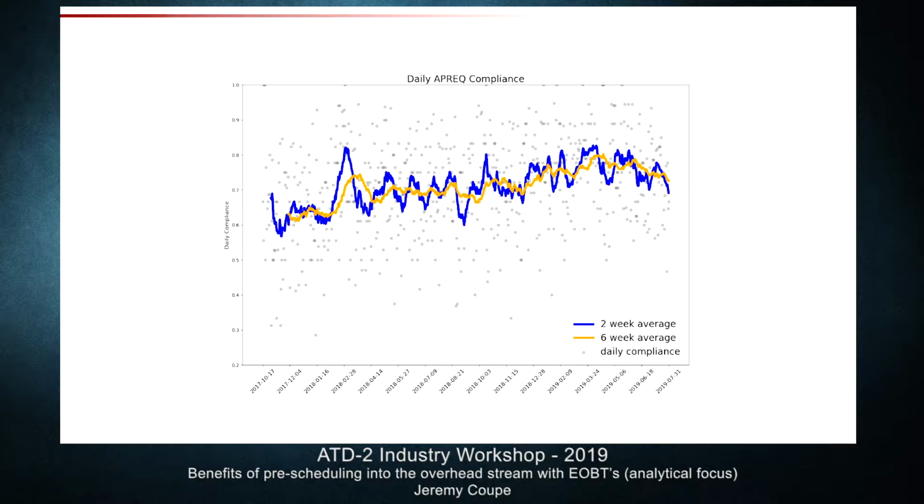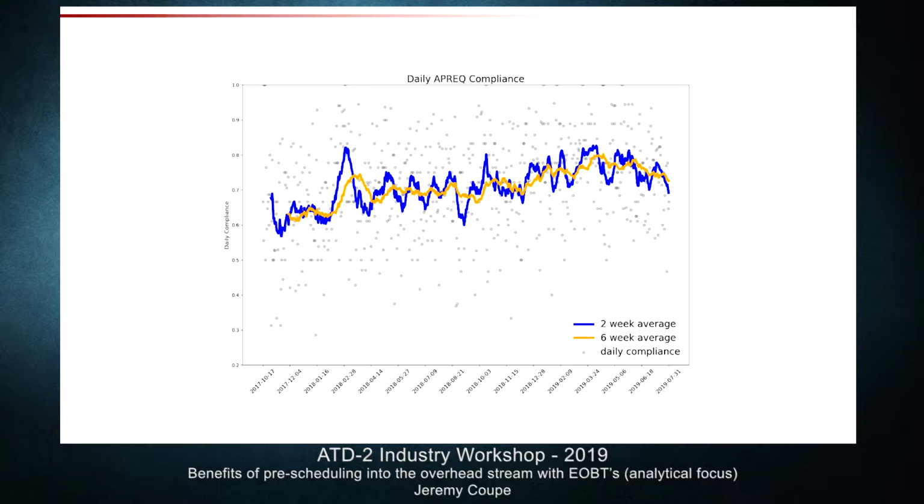You can see a little bit of leveling off here. A lot of that is due to the summer months during the stormy season, when things get very complex. We're right in the heart of the stormy season the last couple months, and so it's quite amazing that controllers are still able to achieve this type of compliance.